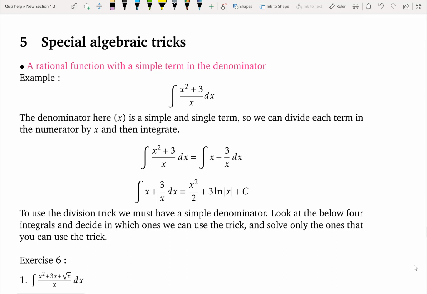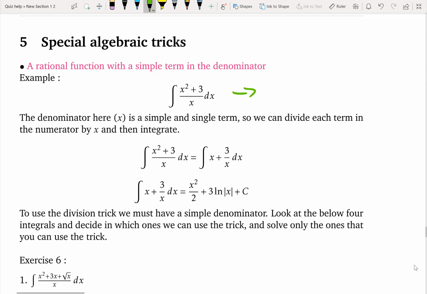Okay, how can we simplify this function? One of the tricks that often comes up is to look at the denominator. It's so simple, right? Just a single term, just x. Our numerator on the other hand is two terms, or you can have 3, 4, but longer than the denominator.